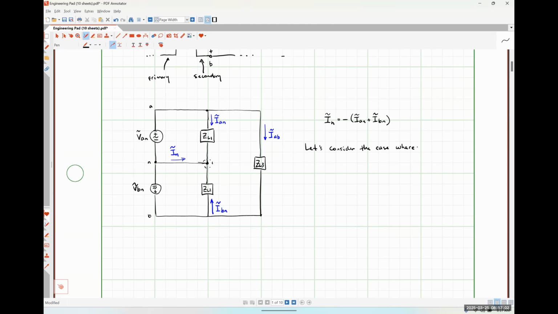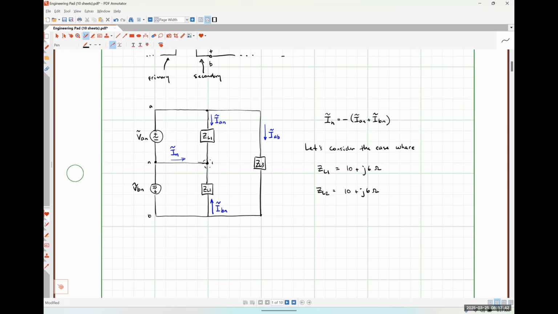Let's consider the case where our impedance ZL1 is, let's just throw something out here, 10 plus J6 ohms, and ZL2 is going to be 10 plus J6 ohms as well. We would consider this to be a balanced case because the impedance seen between the A and the N terminal and the impedance seen between the B and the N terminal are literally the same thing.